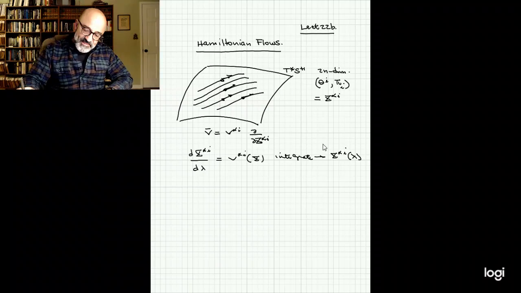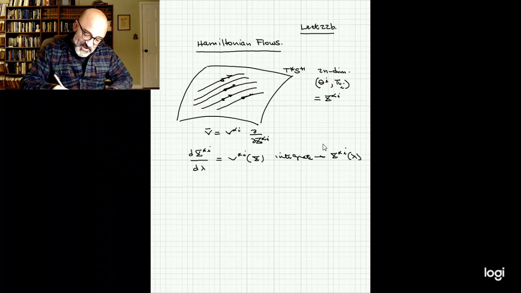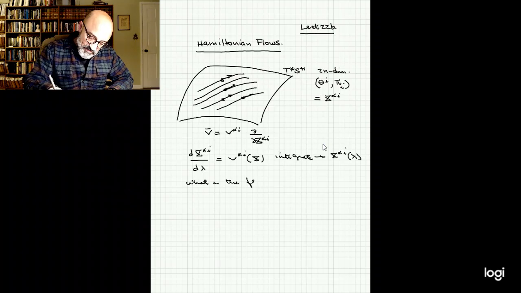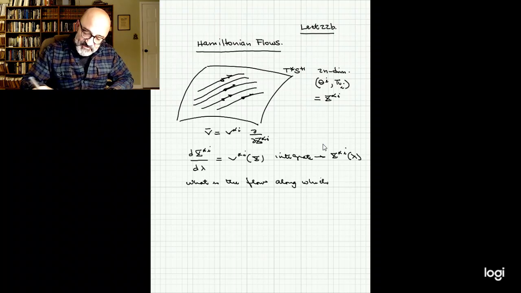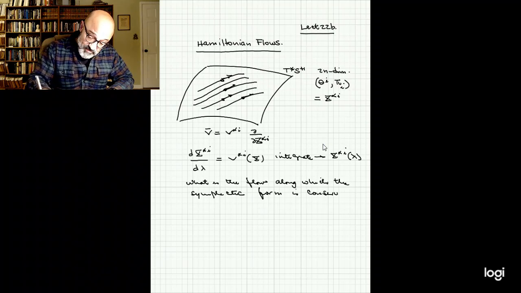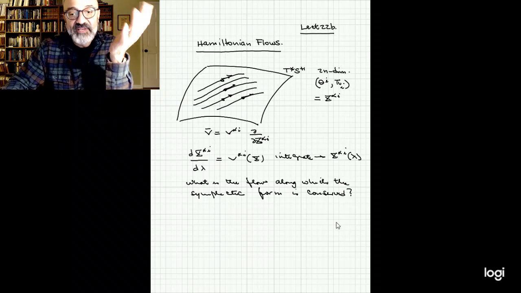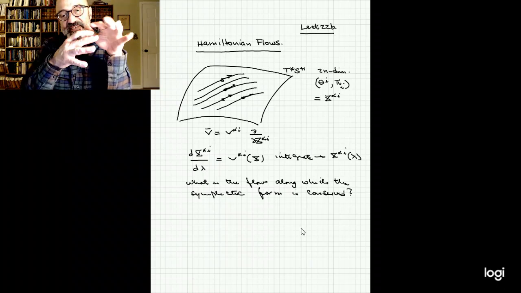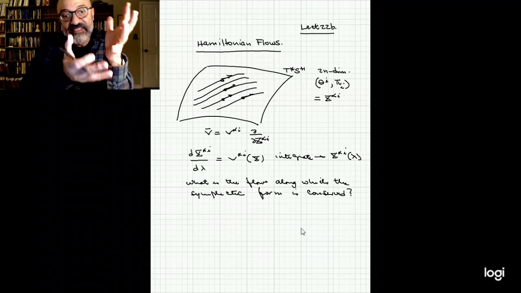In particular, the flow that we're really concerned with is the flow along which, or relative to which, the symplectic form is conserved. This is going to be truly a symmetry. Well, what is typically a symmetry? A symmetry is when you do a transformation of some kind and something does not change.